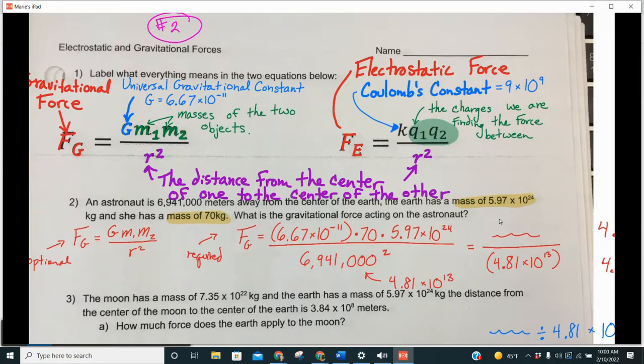Okay. So number 2, you should get 578.57. And number 3, you should get 1.98 times 10 to the 20th. All right. Ready, set, go. I'm going to come around and help you guys.